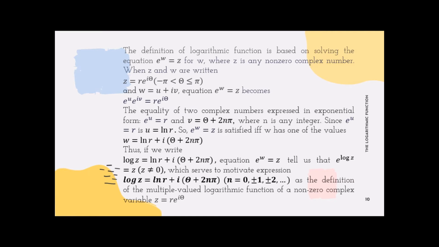The equation exp(w) equal to z becomes exp(u) exp(iv) equal to r exp(i theta). By the equality of two complex numbers expressed in exponential form, exp(u) equal to r and v equal to theta plus 2n pi, where n is any integer.